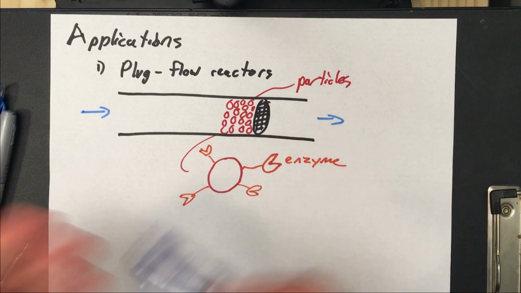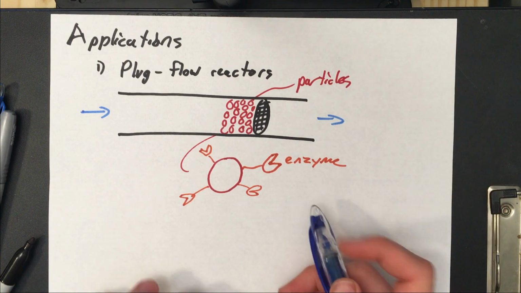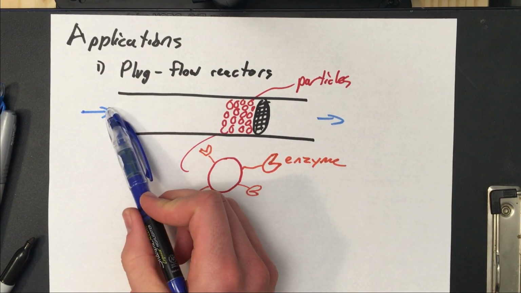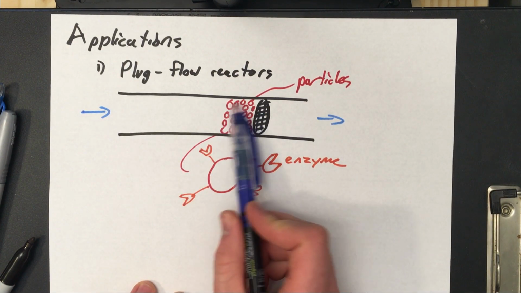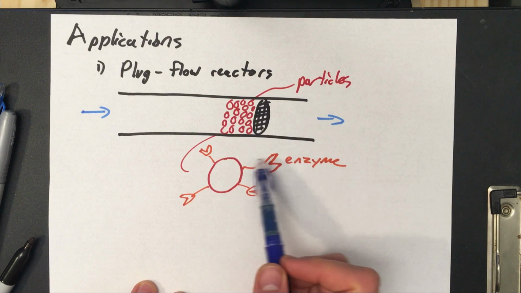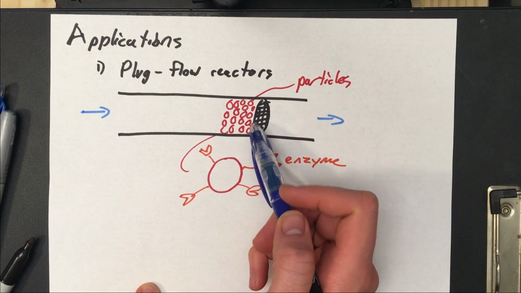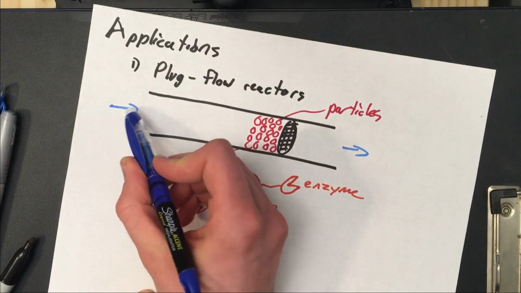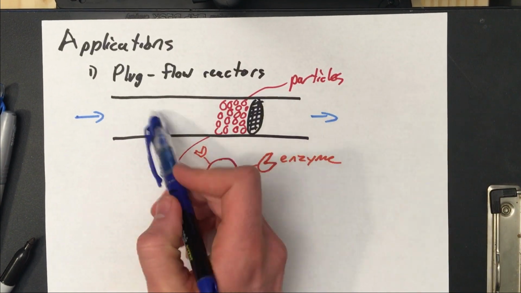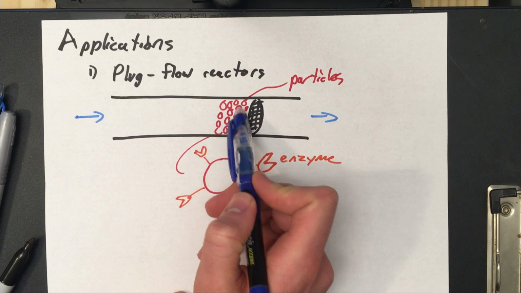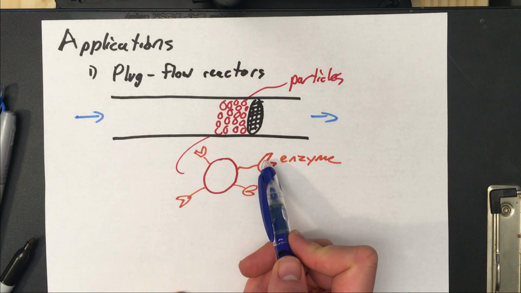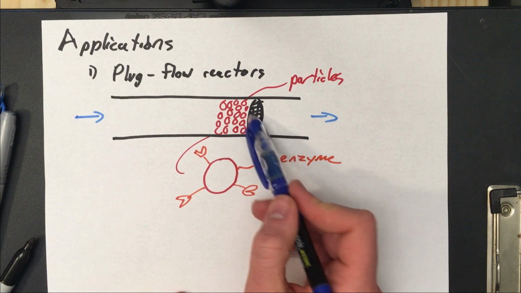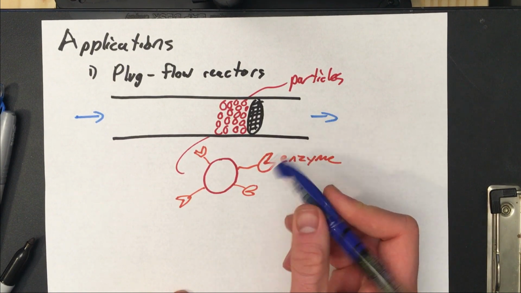They don't just happen spontaneously or very quickly at room temperature. So we flow them past beds of particles with enzymes. So what's the goal here? You have reactants come in, the flow trickles through all of these particles where the enzymes can react with the reactants to produce products, and then the products are flushed downstream.